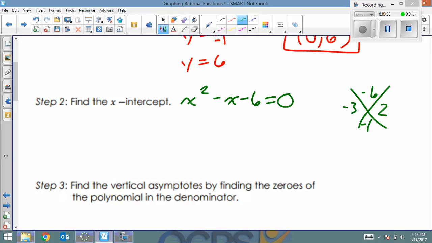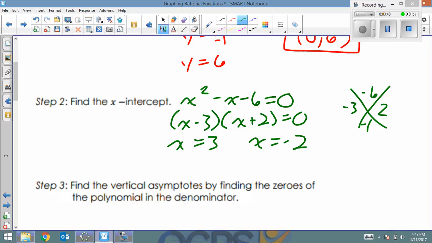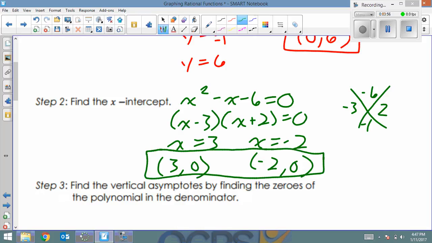That breaks down to (x minus 3)(x plus 2), which gives me x at 3 and an x at -2. So those points would be (3, 0) and (-2, 0). We'll be graphing those 2 points in a second.